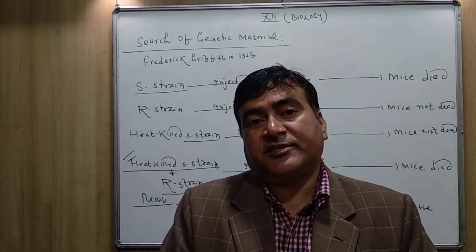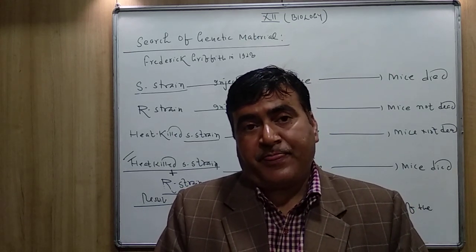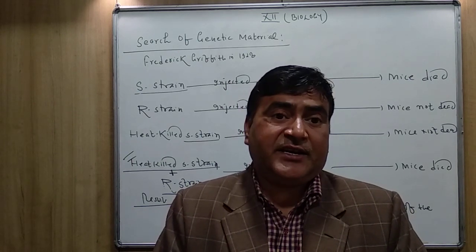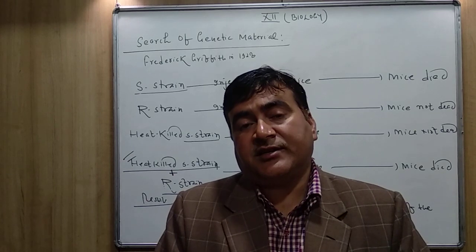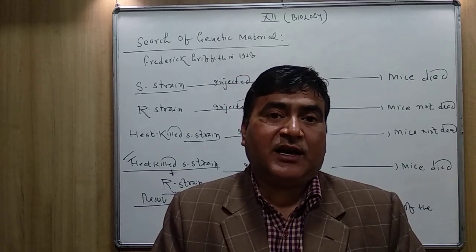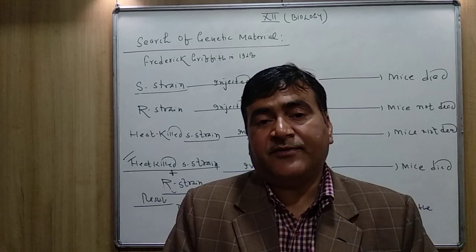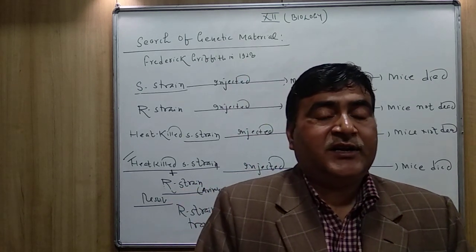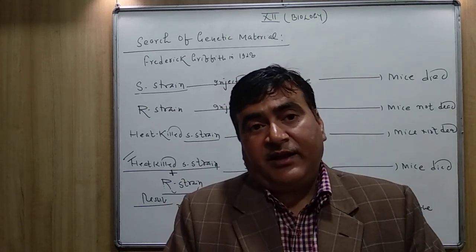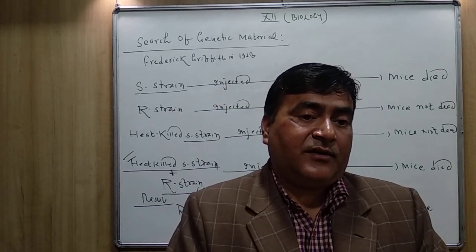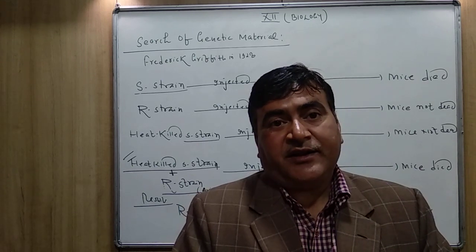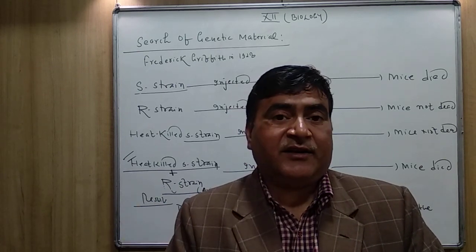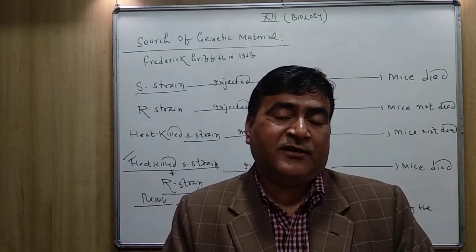But the nature of the transforming principle was later studied by some other scientists. I will teach you in the next lesson. They studied the biochemical nature of the transforming principle, and finally it was known that the transforming principle was DNA, and DNA is the genetic material.